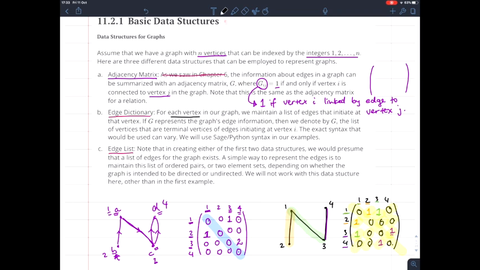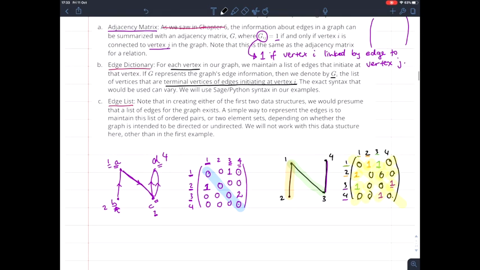The way that we do this is we're going to say that G represents the graph's edge information, and we note G_i is the list of vertices that are ending vertices for edges that start at vertex i. So the idea would be that you have your various vertices. So let's take our directed graph as an example. So here we've got our vertices 1, 2, 3, 4.